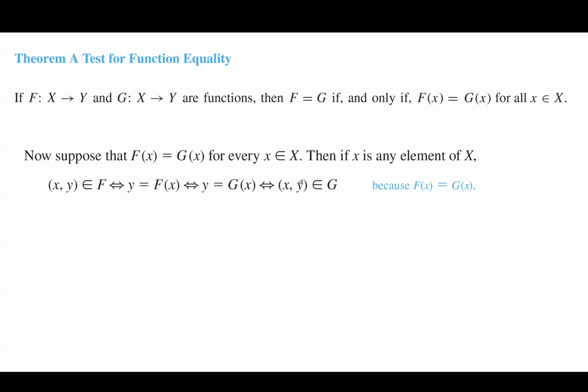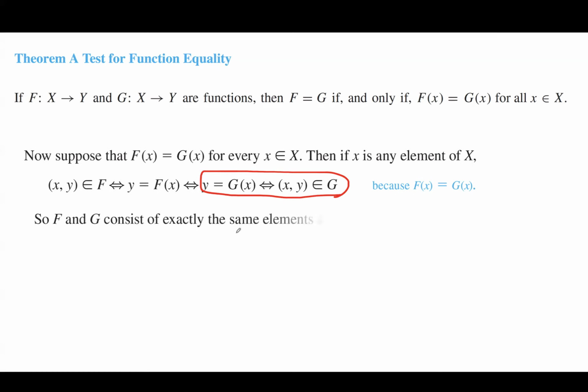But what's the meaning of this? It means that (x, y) is an ordered pair in g. So any ordered pair in f is an ordered pair in g. It means that f and g as sets of ordered pairs are the same.